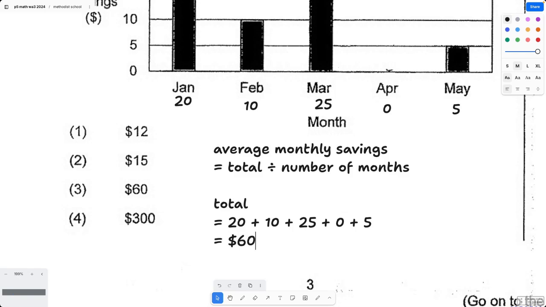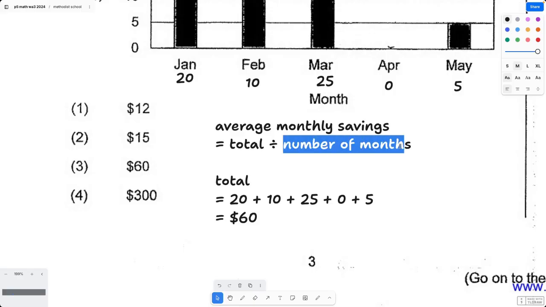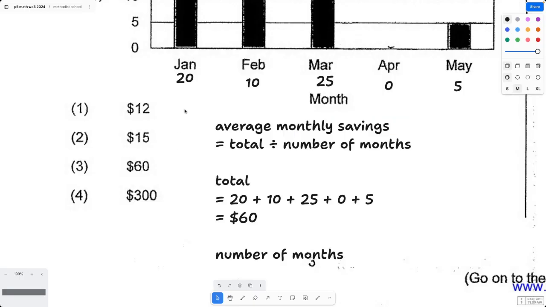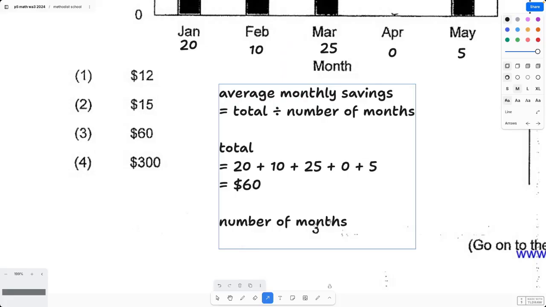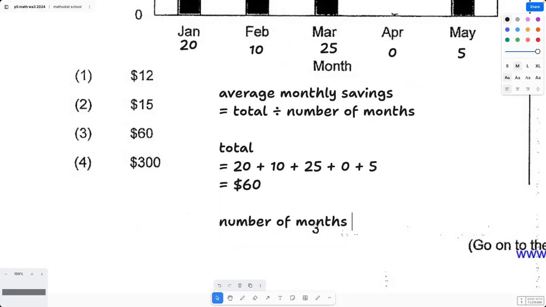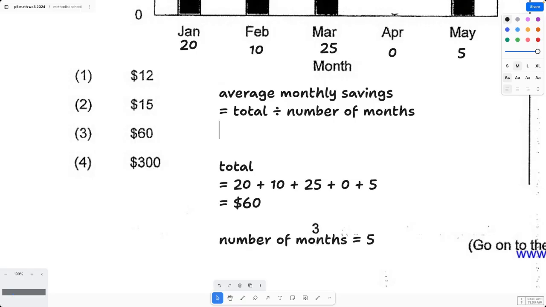Okay, so what is the number of months? Basically from January to May, right? So let's count: 1, 2, 3, 4, and 5. So the number of months is 5. And lastly, the average monthly savings will be the total, which is 60, divided by 5.